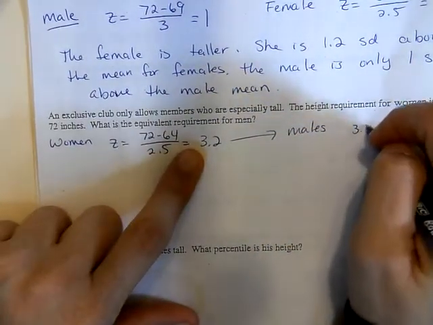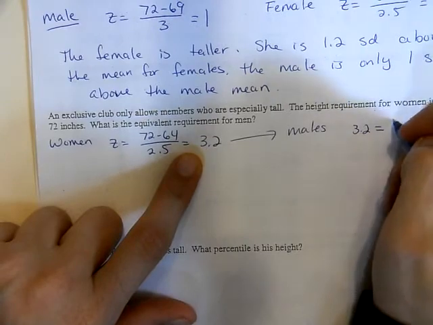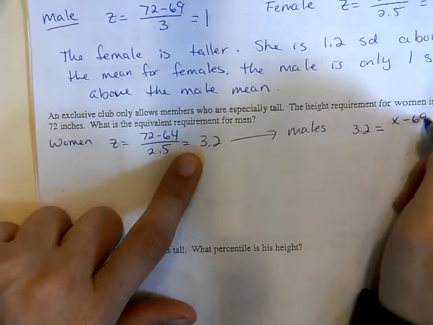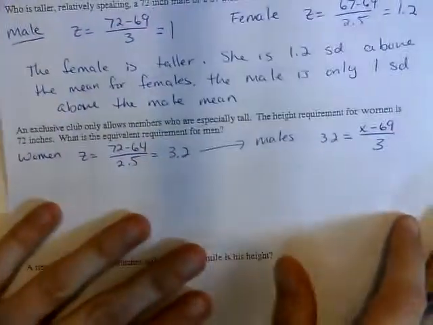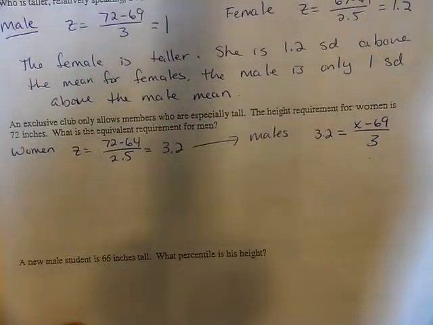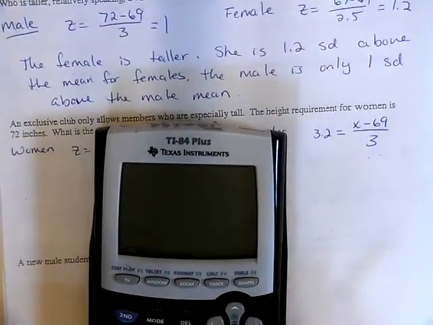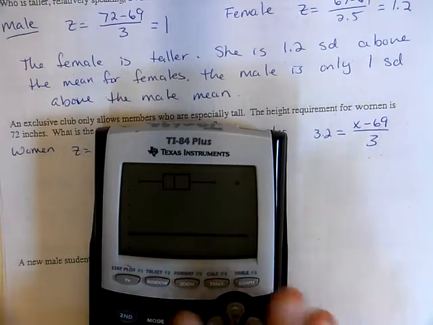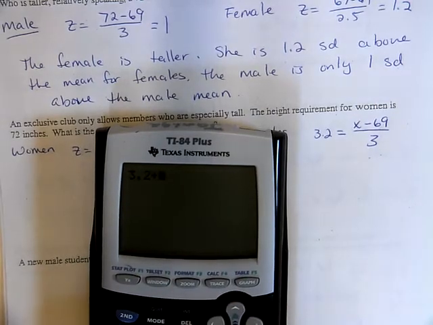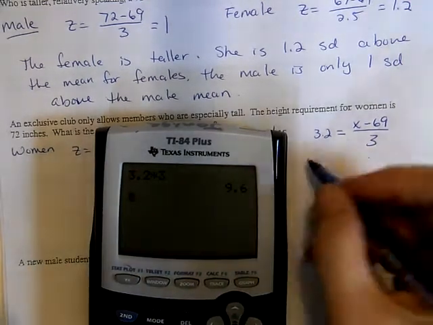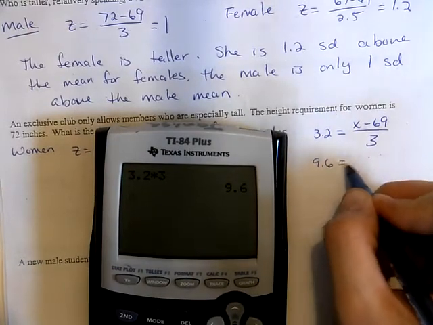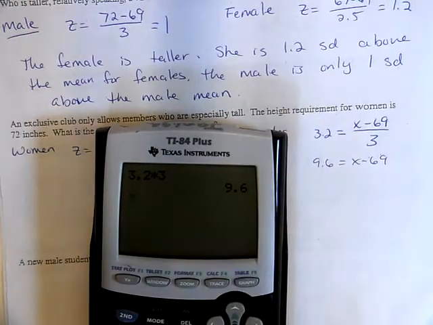So now we're going to convert it for the males. So I'm going to make 3.2 equal to x minus 69 divided by 3. So you got to do some algebra. I know it's been a minute, but I'm sure you can do it. So I'm going to do 3.2 times 3, so 9.6, and x minus 69, so I'm going to add.